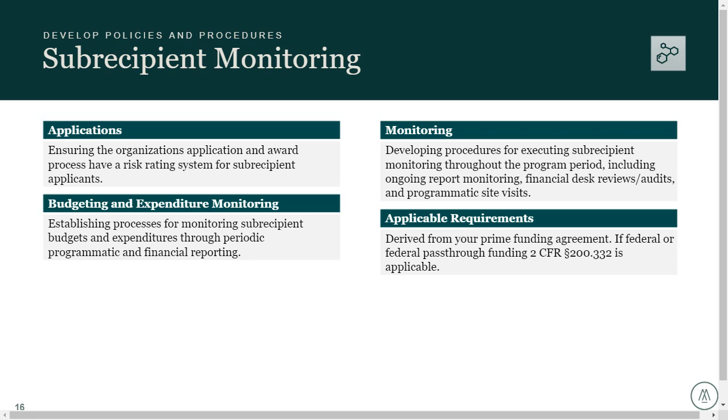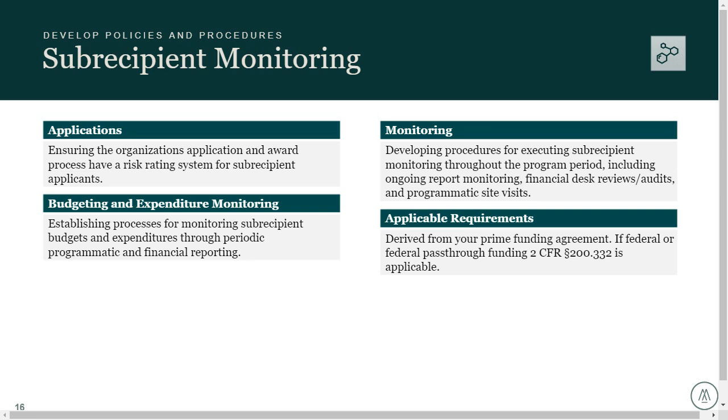And then establishing a process for monitoring subrecipient budgets and expenditures throughout the program period, whether that's monthly, quarterly, annually, depending on the structure and the length of the program that you're executing. And then tying right into that, developing procedures for executing that monitoring throughout the program period. So what kind of reporting are they going to do back to you, programmatic and financially?